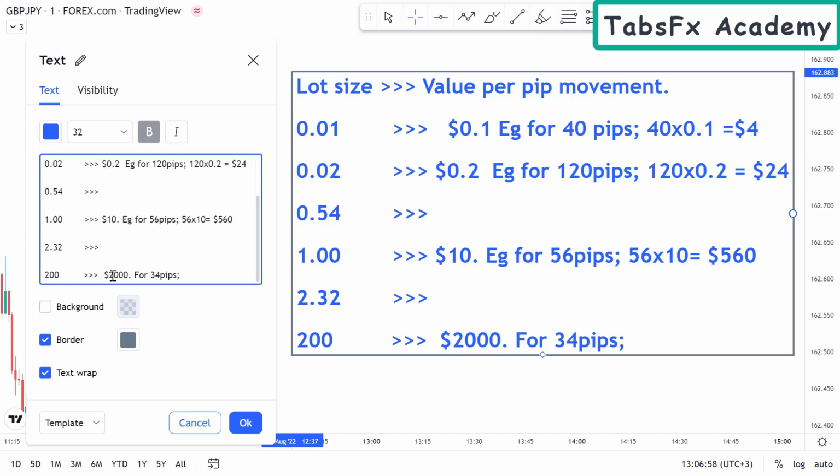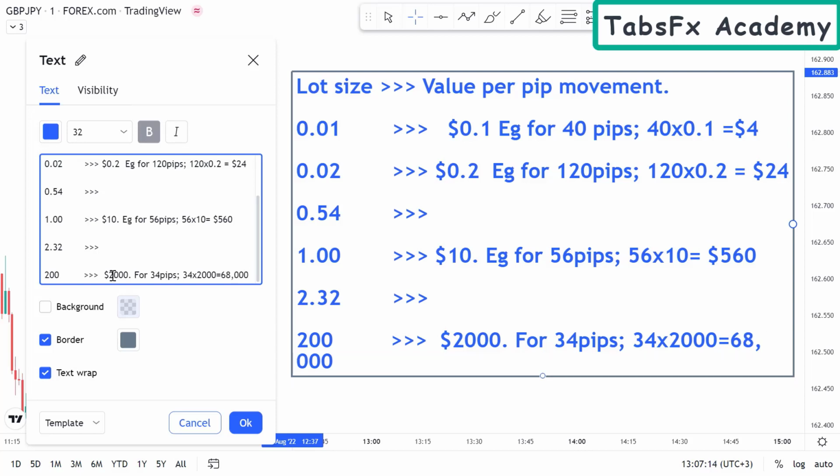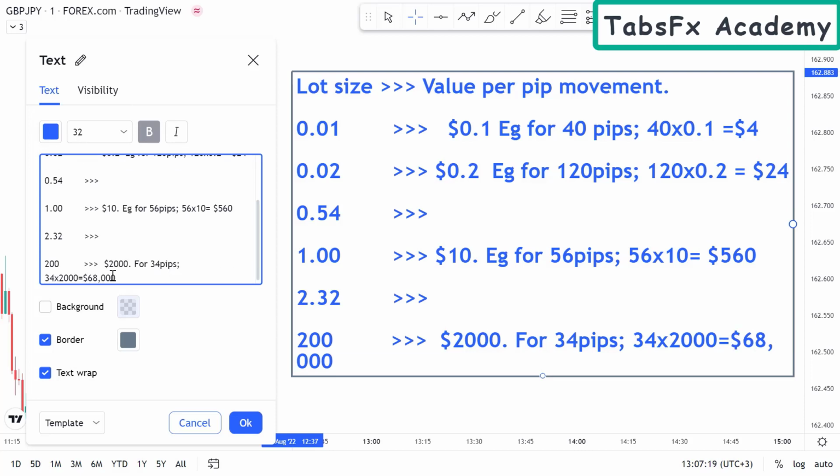What would you have got at the end of it all? Simply multiply 34 times 2,000, and this will give you 68,000. So that is what you would get at the end of it all, $68,000.